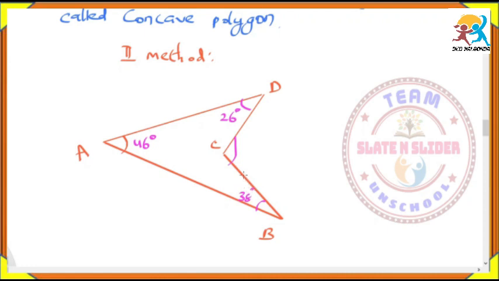For this question, we have to join AC and produce. We need some construction like this. If we produce this, what happened? One exterior angle is formed for the triangle ACD, and for the triangle ACB also one more exterior angle is formed.